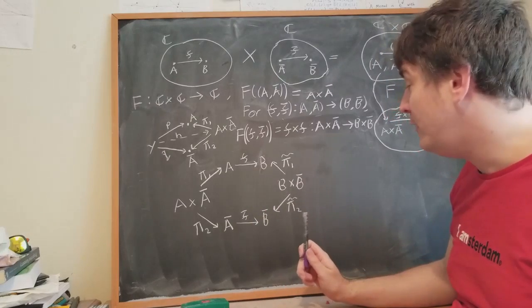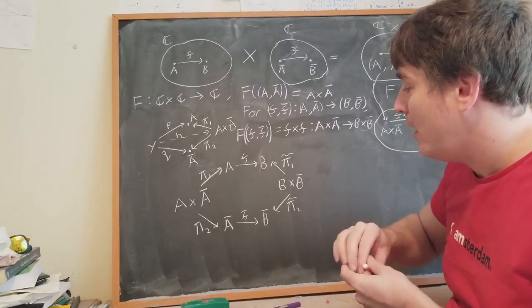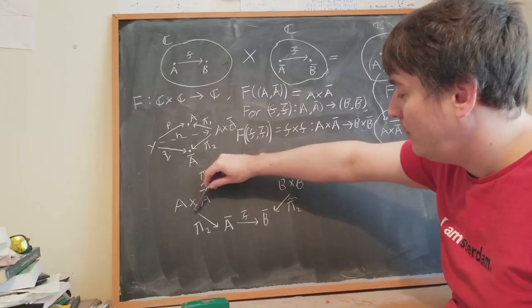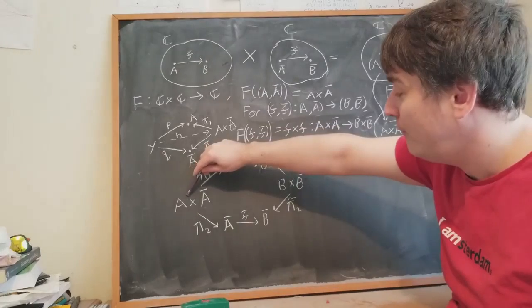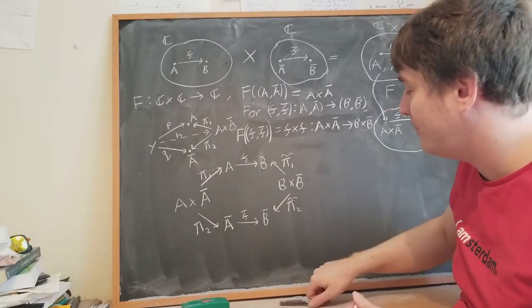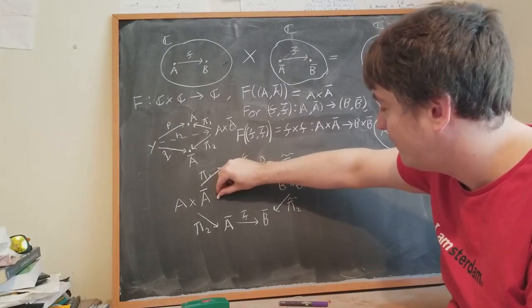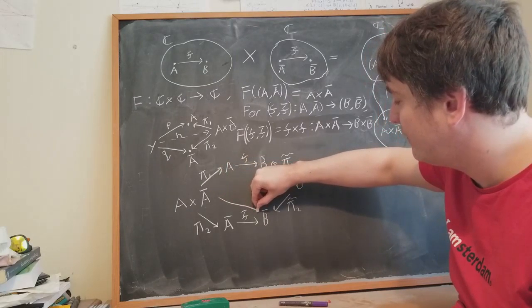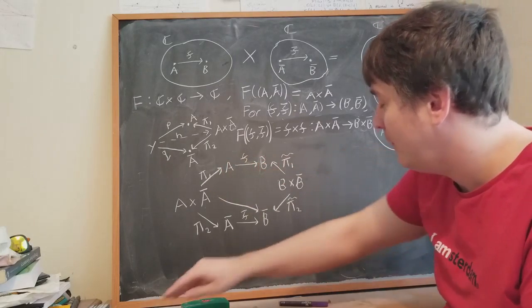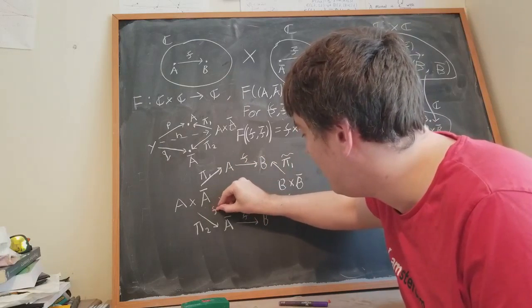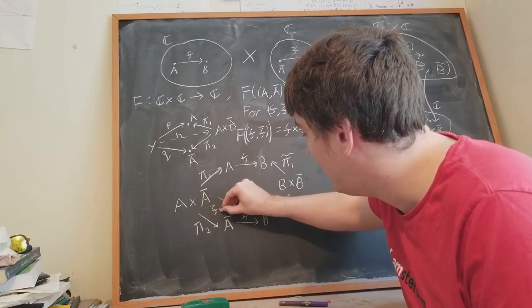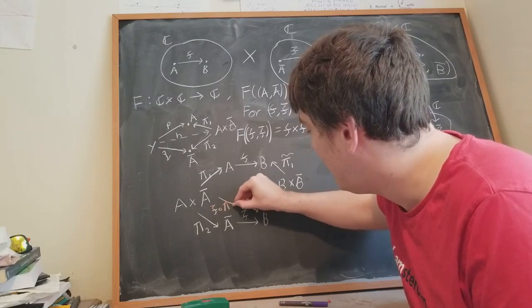Now here is the clever bit. If we compose this arrow and this arrow, we get an arrow from A times A bar, so this arrow here is just going to be F bar after pi 2.